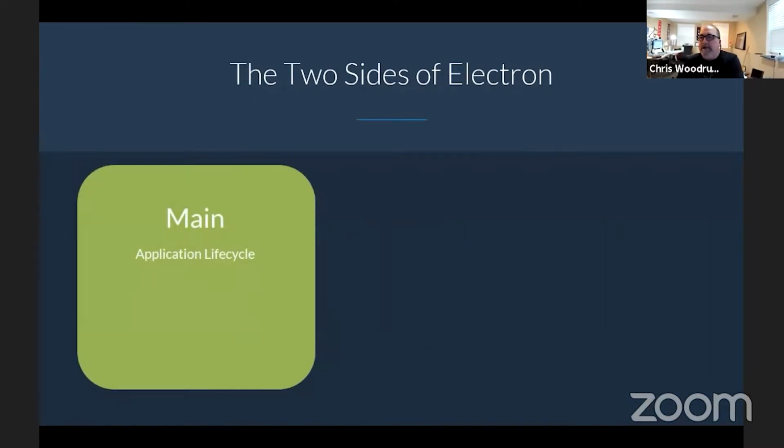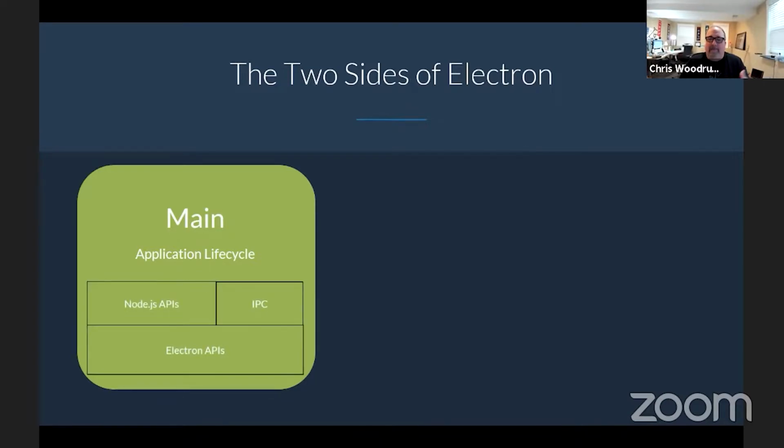So there are two sides of Electron. We do have, like I said in the beginning, a main process. Main is what you can think of as the chromeless frame around your application. It's the Chromium that gives you the window itself.